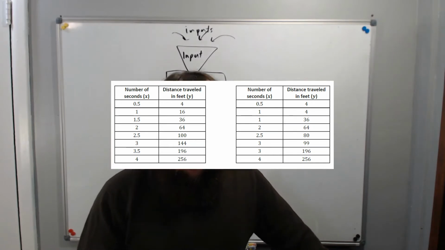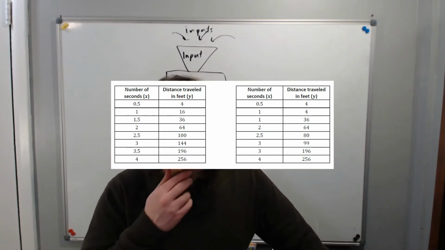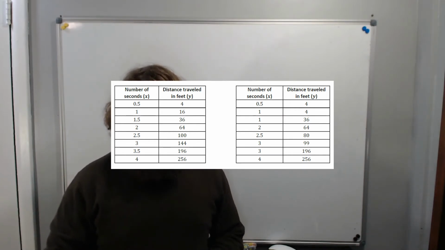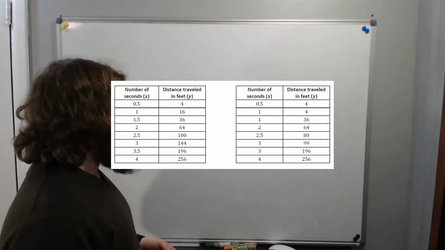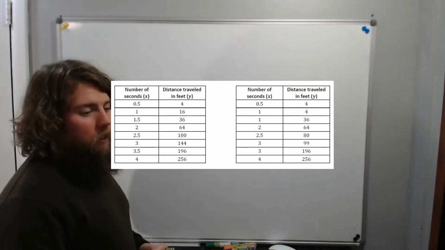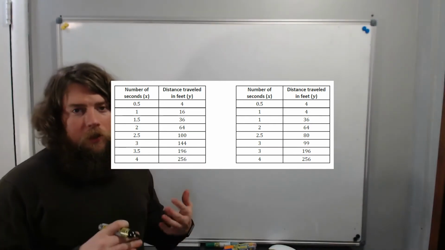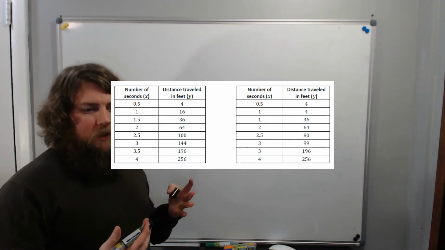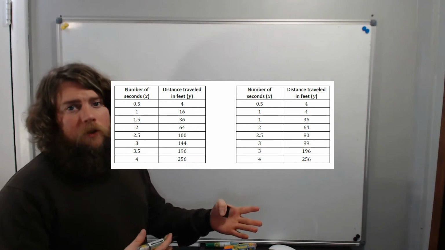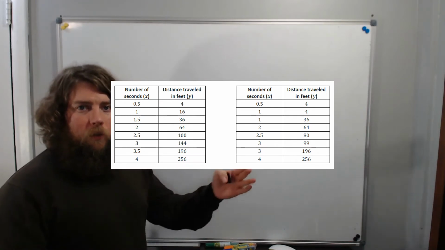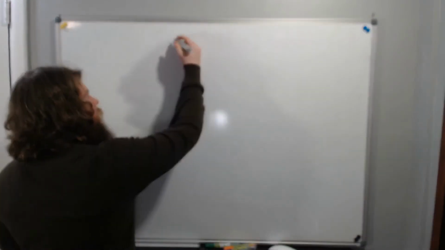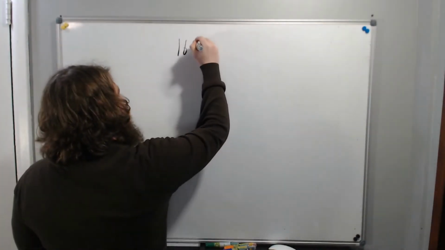So let's look at that first table, the one on the left. How far does the object fall in the first second? Remember from last time, to figure out how far it fell during a given time interval, we just need to take the distance that it had fallen at the end of the time interval and subtract off the distance where it was at the beginning of the time interval. After 1 second, it's fallen 16 feet.